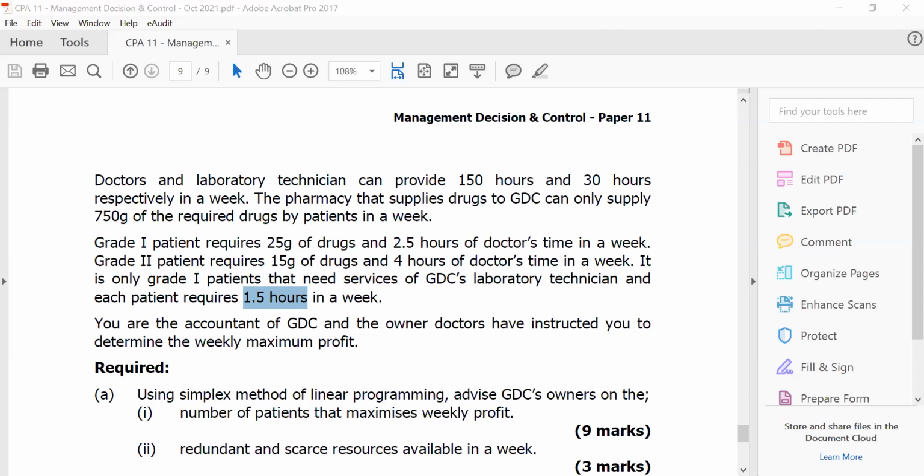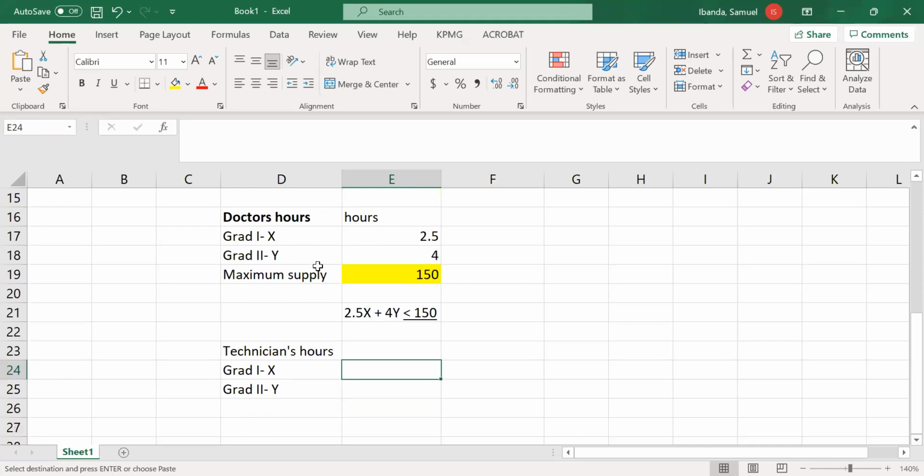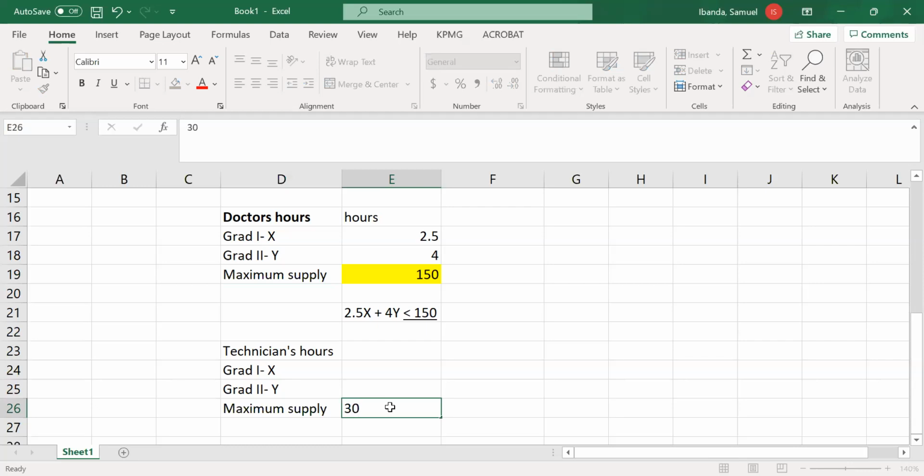But also before that, we need to understand that the technicians can only provide up to 30 hours. So we cannot take on more than that. Maximum supply is 30 at hand. Then grade 1 requires 1.5, and grade 2 requires 0.